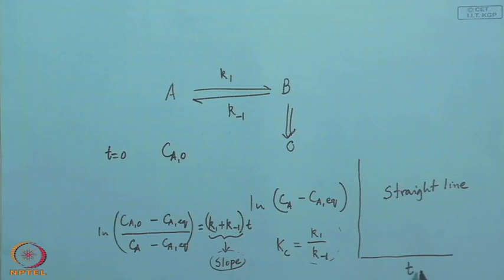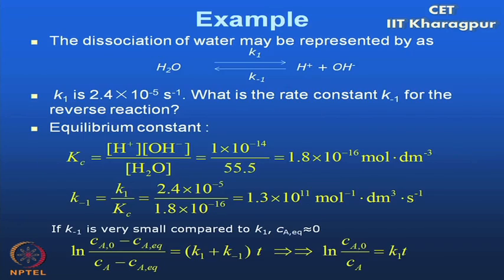We plot this, we will be getting a straight line. From this straight line, we will be getting the slope, which is nothing but equal to K1 plus K minus 1, and equilibrium experiments will be giving you the K1 by K minus 1 number. So, from these two you will be able to find out the forward rate constant and the backward or reverse rate constant. Okay.